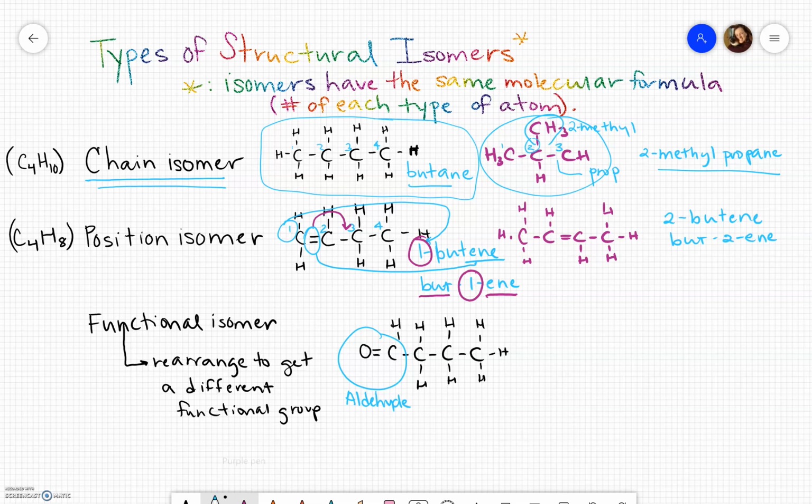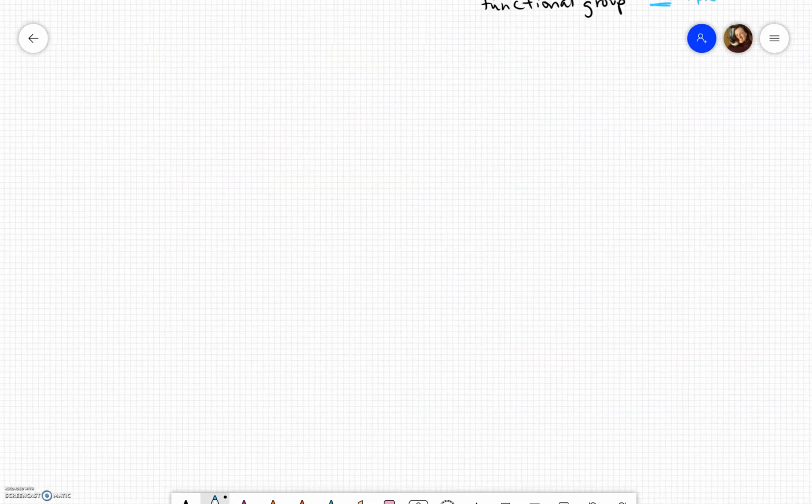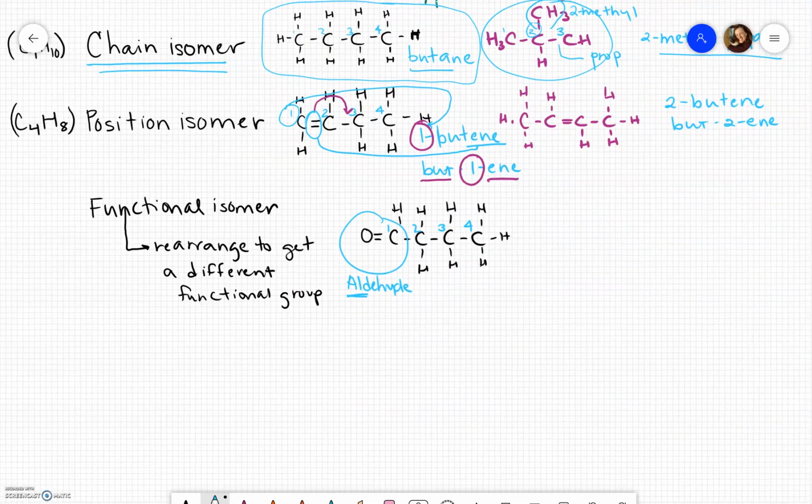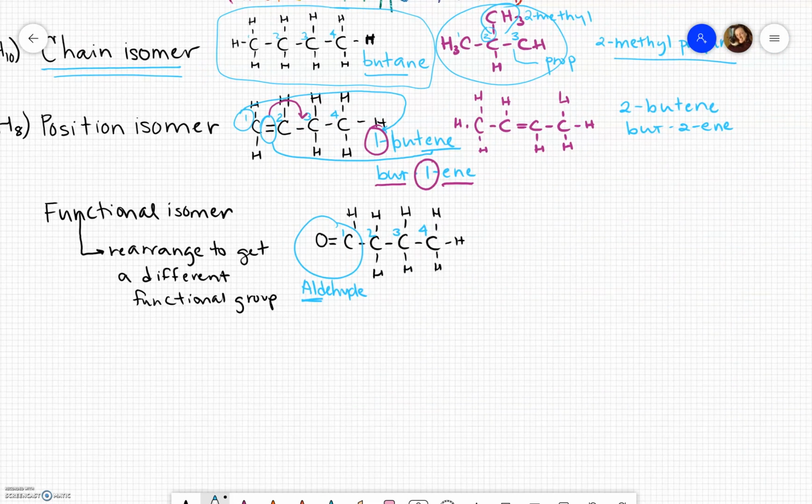And I'm going to start counting from that element. So I've got 1, 2, 3, 4 total in a row. So I've got a but again. But this time with naming it, we use al as the suffix, so the end of the name. And we don't bother with a number because there is only one place that we could have put it. So I have butanal.